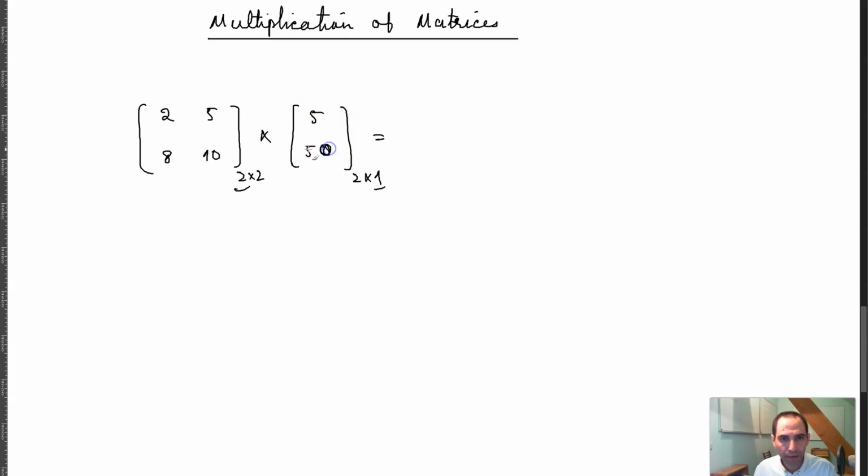Then you will write your matrix as this row times this column, which is 2 times 5 plus 5 times 50, and then you multiply this row by this column, 8 times 5 plus 10 times 50.